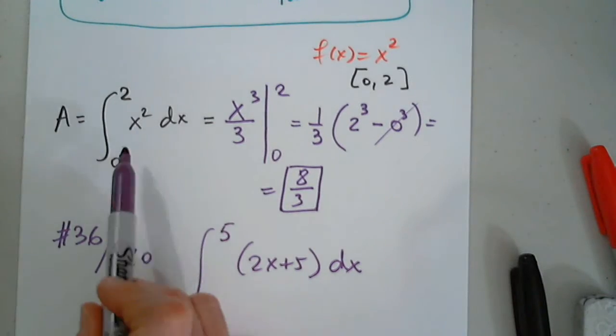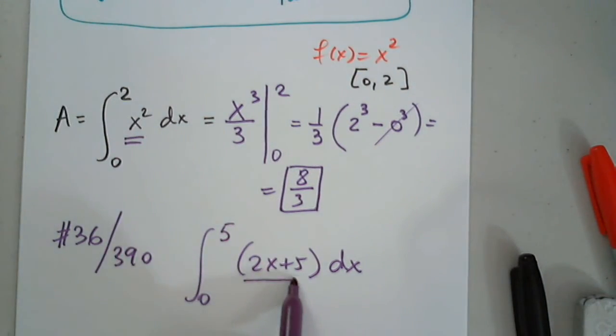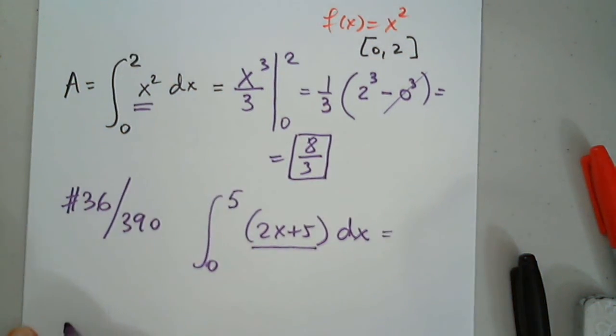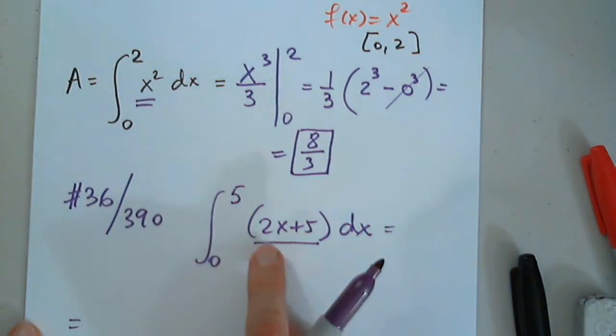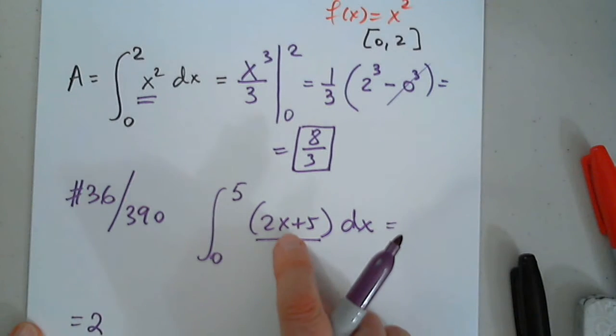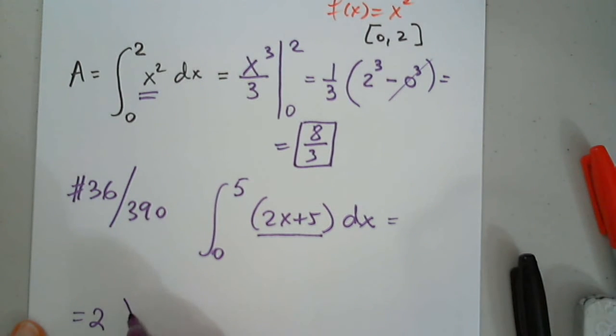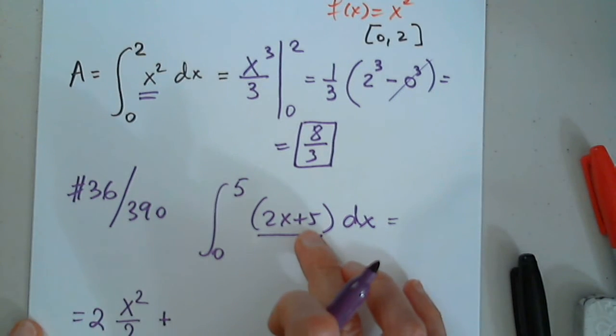Everything is the same, it's just a different function and a different interval. Forget about the interval right now. What function prime is x? You mean x squared over 2? Yeah, over 2. Good. What function prime is 5?